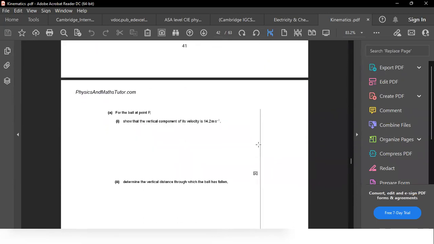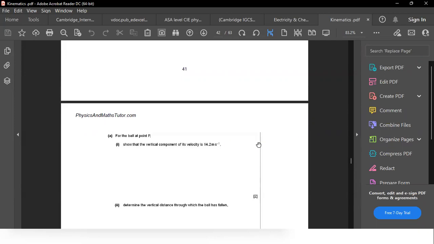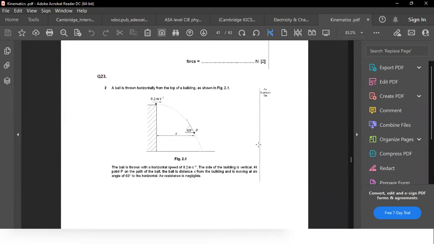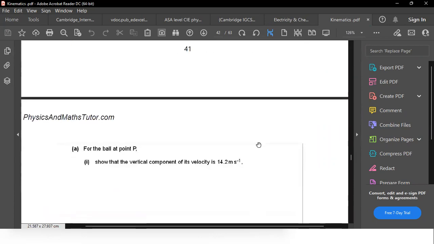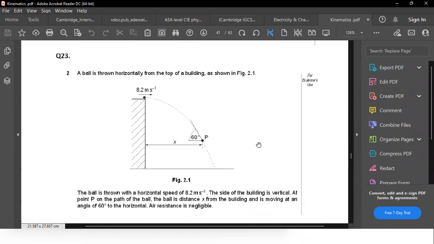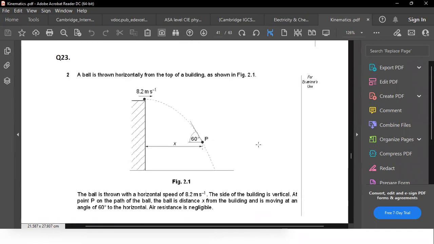For the ball at point P, show that the vertical component of its velocity is 14.2 meters per second.